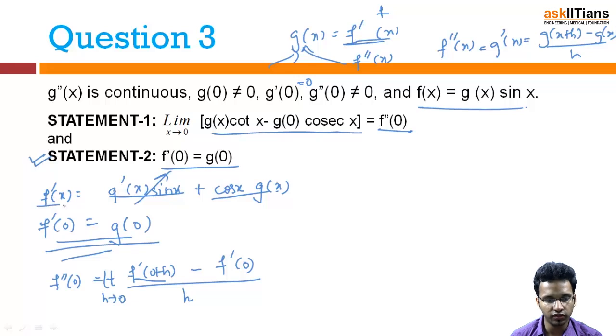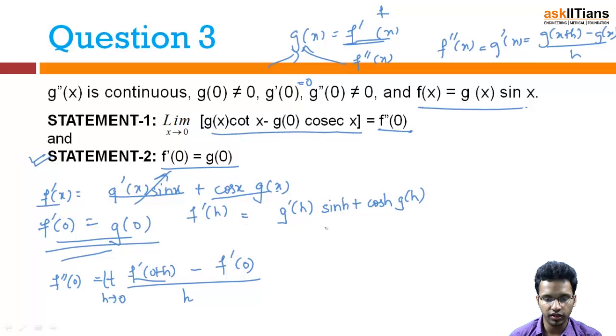Okay, so this was f dash x. So f dash at h will be equal to g dash of h sine h plus cos h g of h.